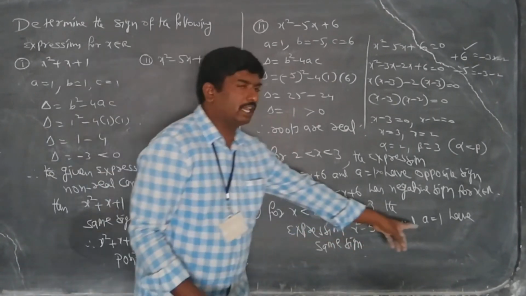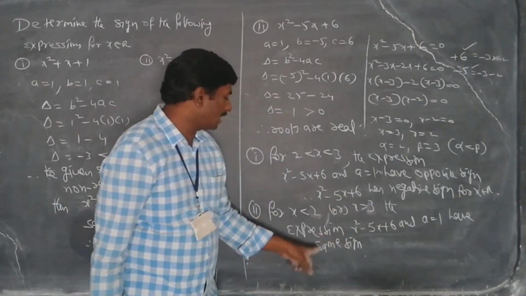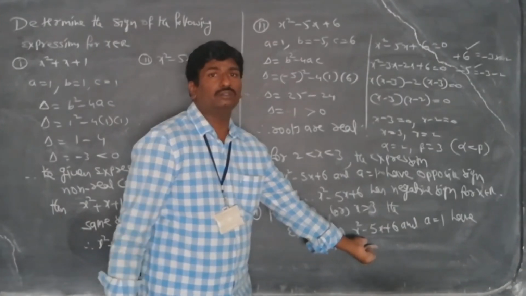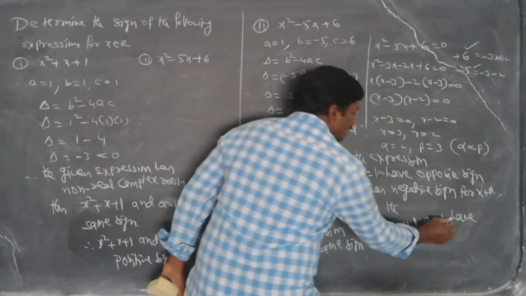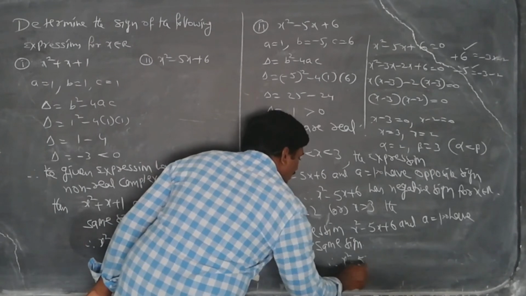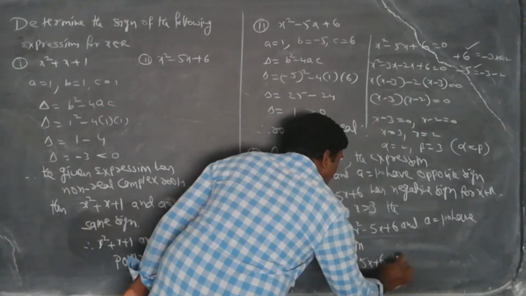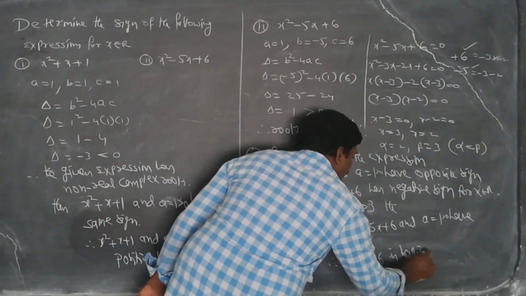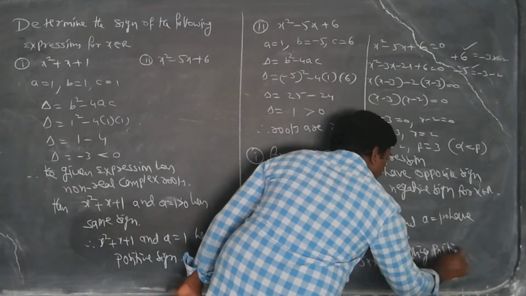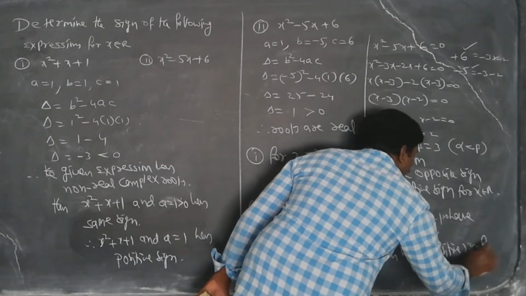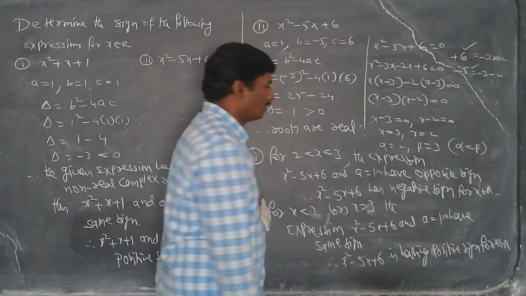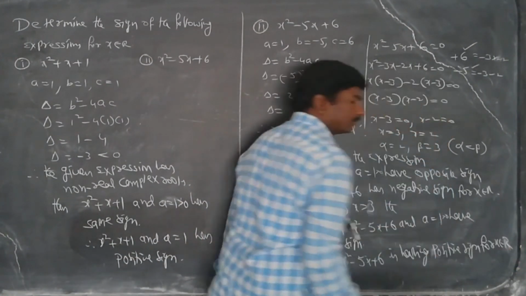So here a is positive, and by this condition it has the same sign. Then is the expression positive or negative? Positive, because here a is equal to 1, which is positive. Then the expression is also positive. Therefore, x square minus 5x plus 6 has positive sign. Is it clear?